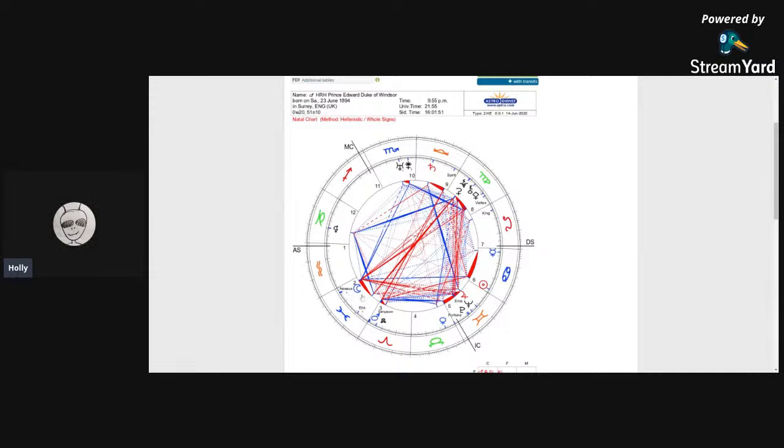The moon is comfortable in Pisces. It's another water sign, because the moon rules over here in the sixth house, the sign of Cancer. In his third house of Aries, he has the North Node and he has Mars. Now, Mars is the domicile ruler of Aries and is very comfortable there.